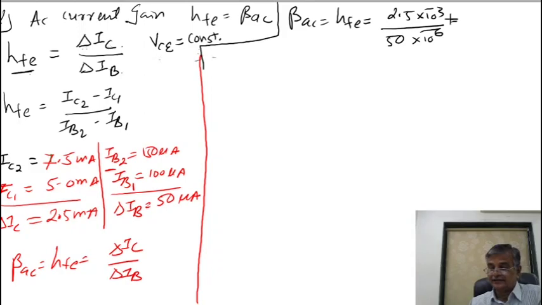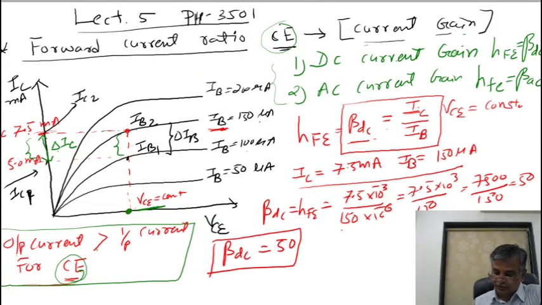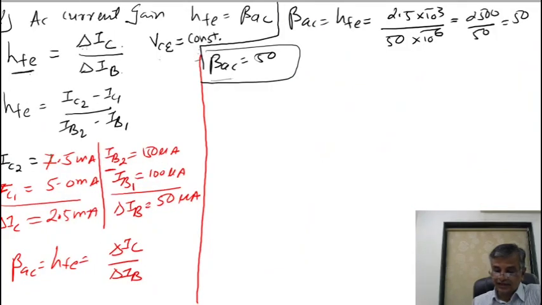So this is 2500 upon 50, and you will get 50. Beta AC is how much? 50. Look at your previous calculation. Here also you are getting 50. Beta DC is 50. Beta AC is 50.